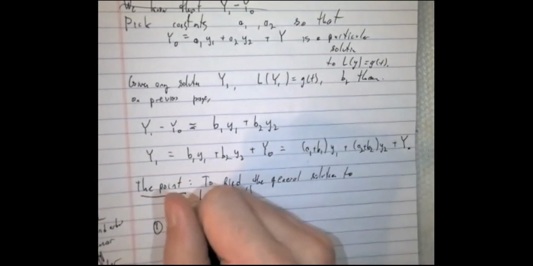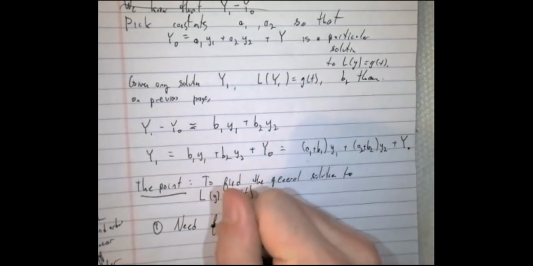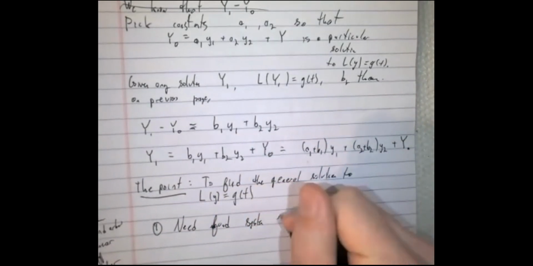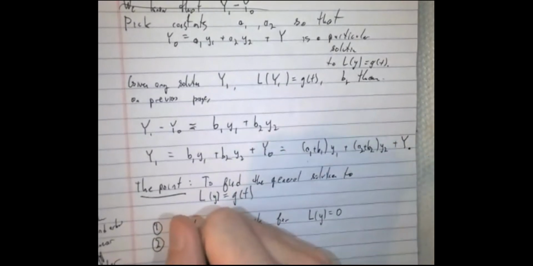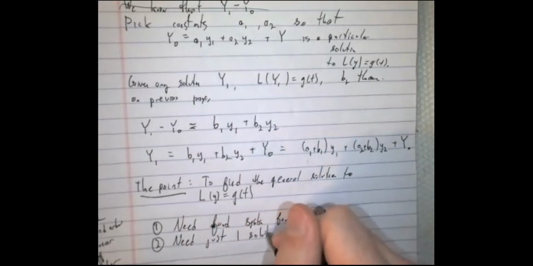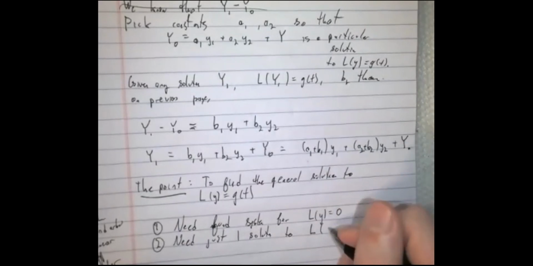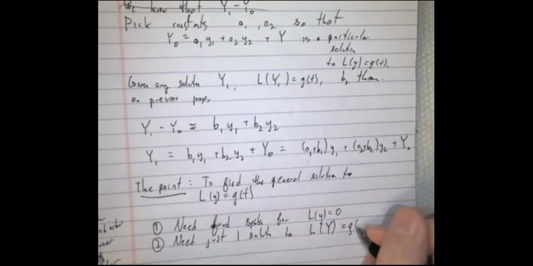One, we need the fundamental system for L of y equal to 0. Two, we need just one solution to L of y equal to g of t. Then three, the general solution is c1 y1 plus c2 y2 plus big Y.